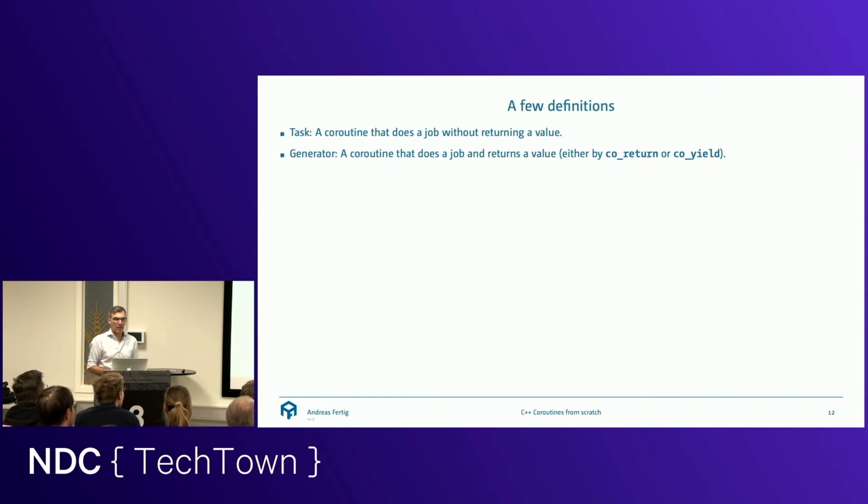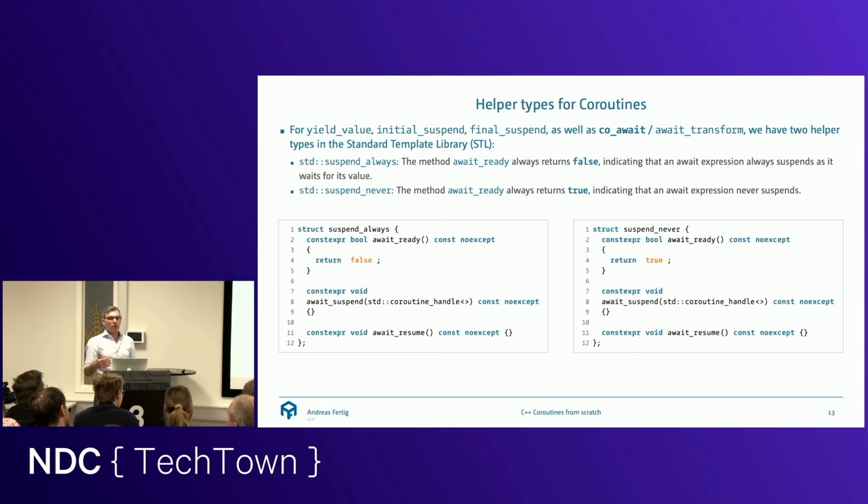Right? I promised you to show you also the helper types. So here they are. We have suspend_always and suspend_never in the standard library. And we saw our customization points: yield_value, initial_suspend, final_suspend, and the co_await or await_transform. They all can or have to return one of these.